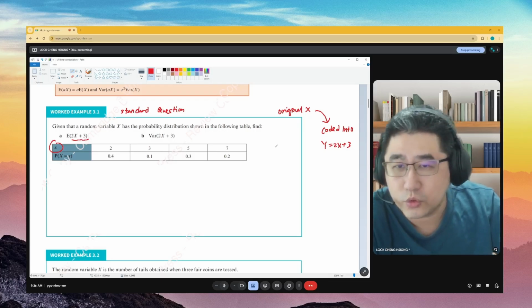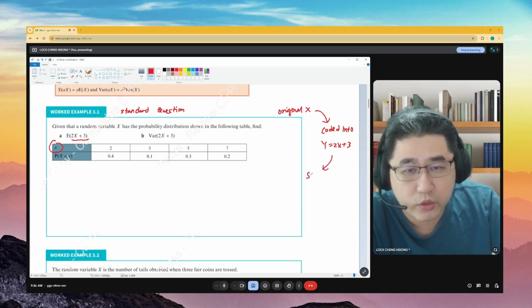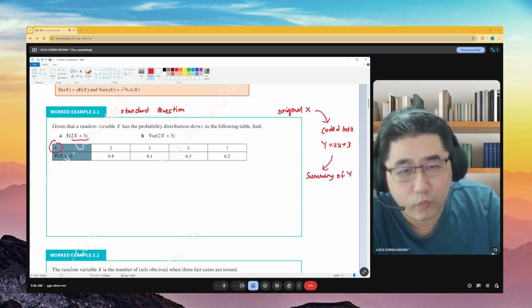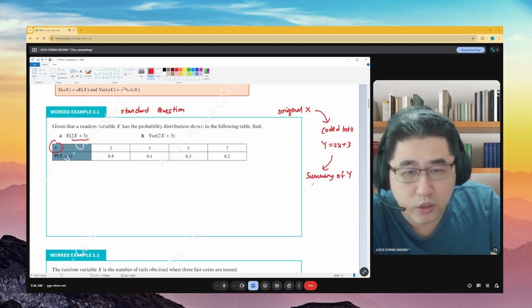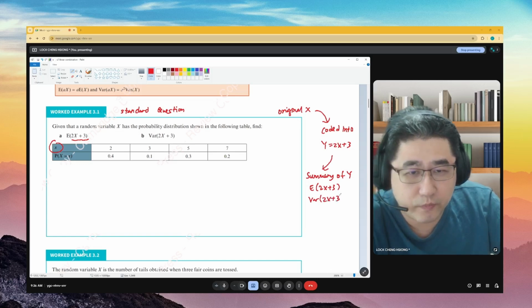So now the question wants us to find the summary of y, which is E of 2x plus 3 here and the variance of 2x plus 3 here.